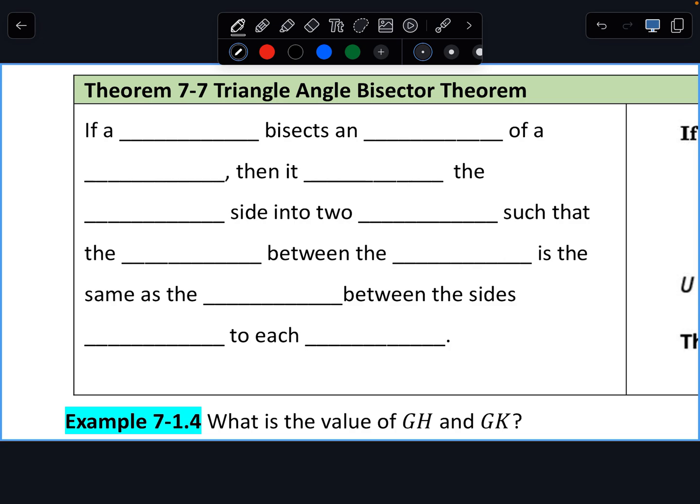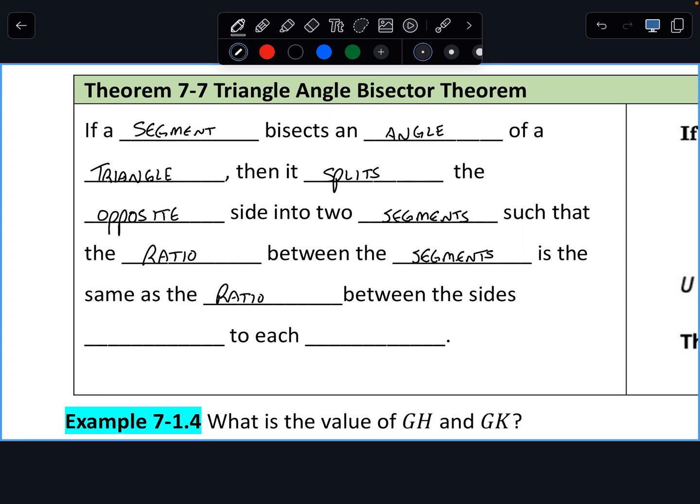So here we have the angle bisector theorem, which says if a segment bisects an angle of a triangle, then it splits the opposite side into two segments such that the ratio between the segments is the same as the ratio between the sides adjacent to each segment. All right, that's a lot of words, but let's see how that looks in our diagram.